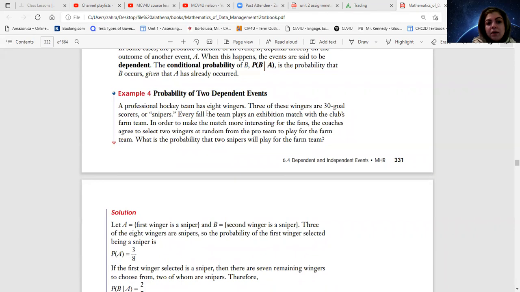A professional hockey team has 8 wingers. 3 of these wingers are 30-goal scorers, or snipers. So 3 of them are snipers.